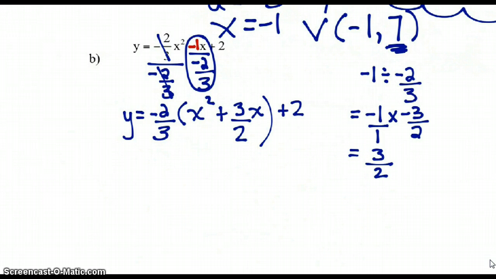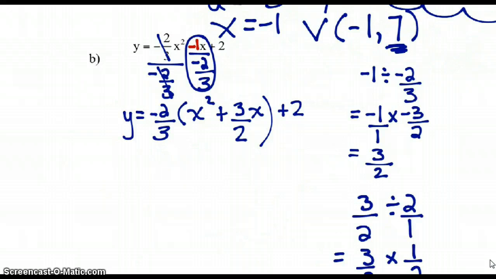So I have my x squared tiles, and I need to decide how many tiles I need on the side and on the top. I need the same amount on the side and on the top, which means you're going to take your 3 over 2, and you're going to divide that by 2. And 3 over 2 divided by 2 is actually saying 3 over 2 times 1 over 2, because we multiply by the reciprocal.